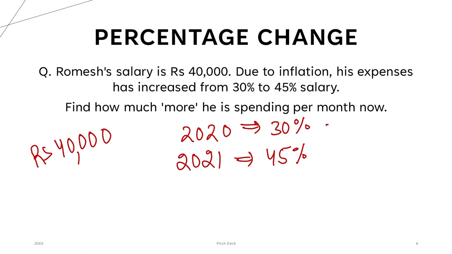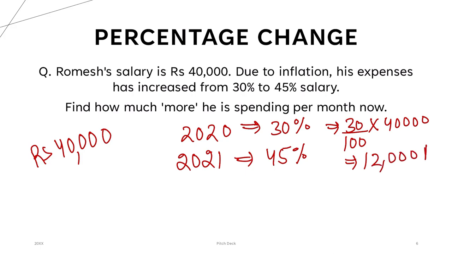30% was in 2020, which means 30% of 40,000. 30% of 40,000 will be how much? 12,000 rupees. So 12,000 rupees he was spending each month on his basic expenses.